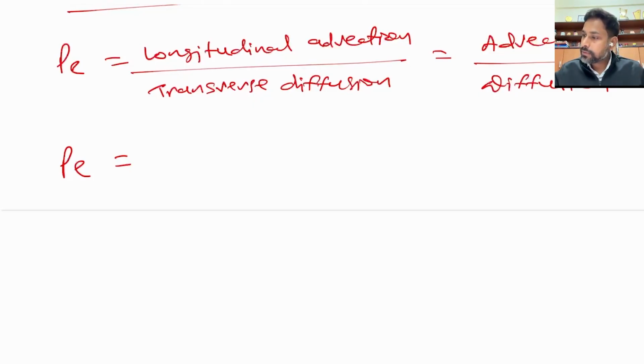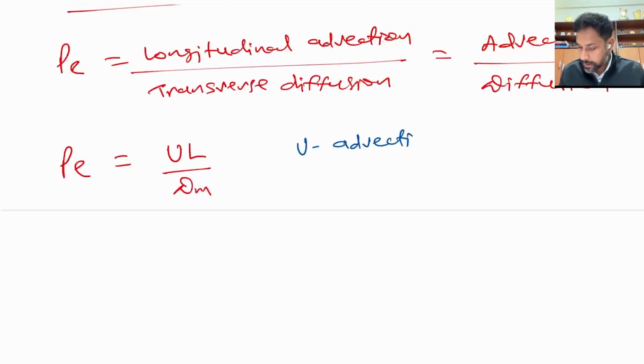Okay, so this is Peclet number, and this is defined as UL over DM. Okay, where U is the advection velocity, or simply the velocity of the flow.